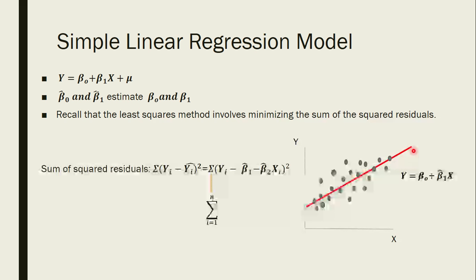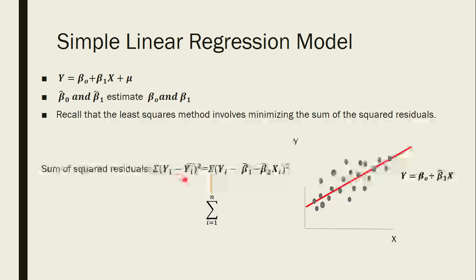This line yields the predicted value of y for any given x. The residuals are the differences between observed values of y and their predicted values based on the regression line.